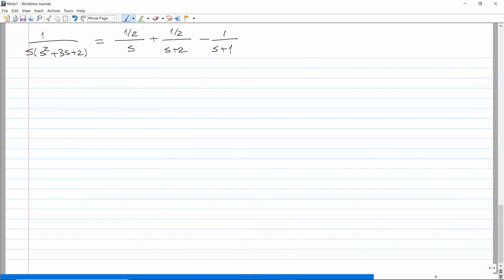A is 1/2, B is 1/2, C is minus 1. Okay, now to find the inverse Laplace of this fraction, this means we take the inverse Laplace of each term separately.